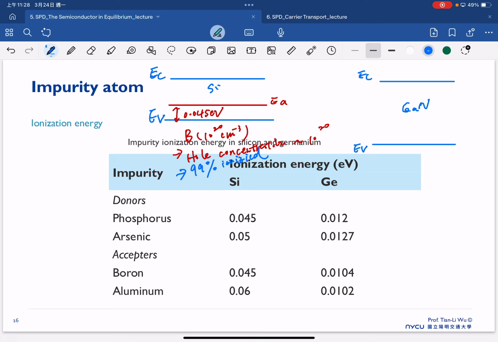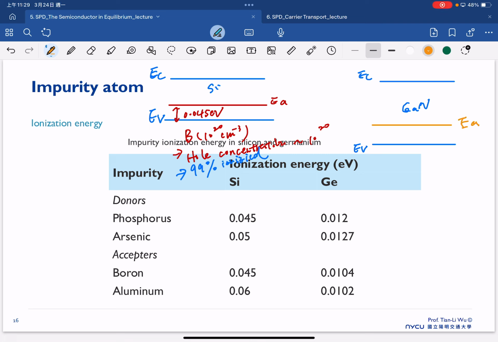But if we want to make gallium nitride a p-type material, which is not as easy as we can expect in silicon, we can still dope several atoms. But the problem is that these dopant atoms actually have an energy level which is far away from our valence band.